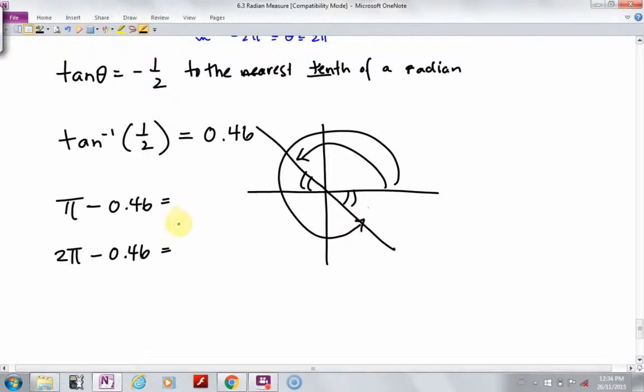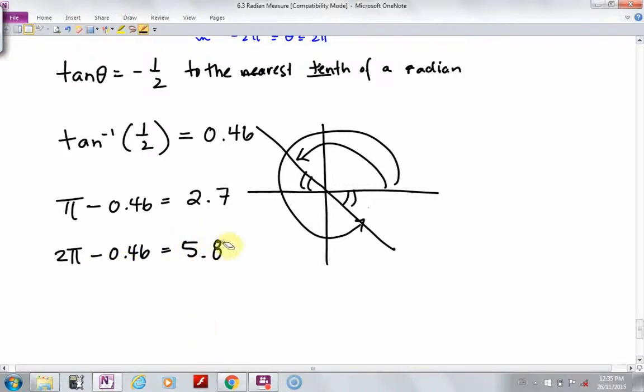Anna, did you calculate that one? 2.68. So 2.7, right, if we're rounding to the nearest tenth. And then 2 pi take away 0.46. What is that one? 5.82. So I'll just go 5.8 for that.